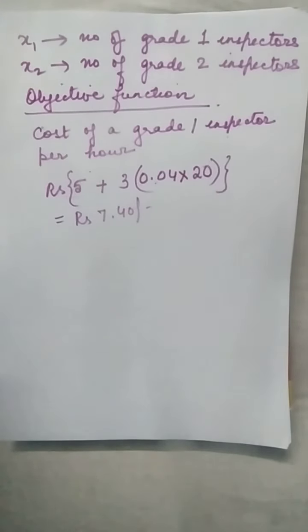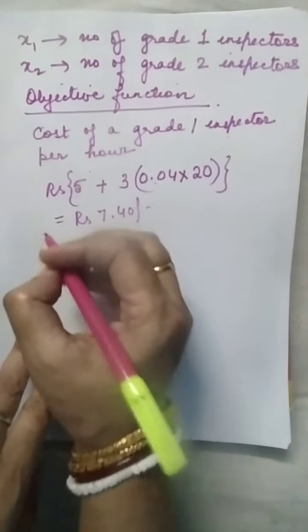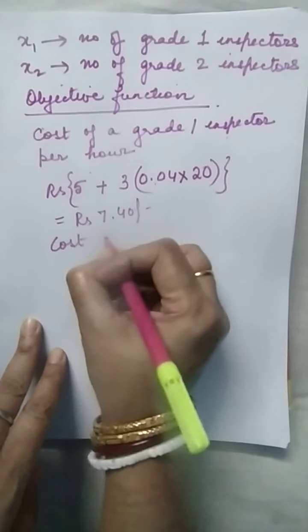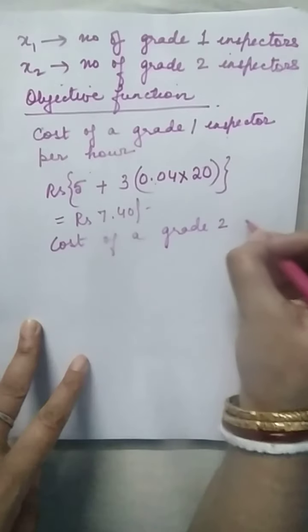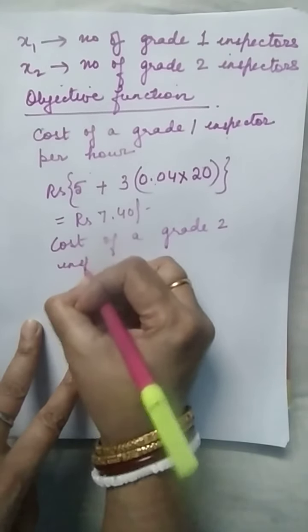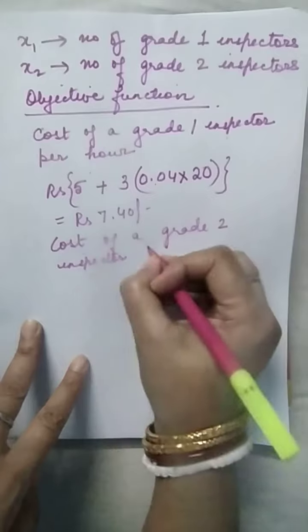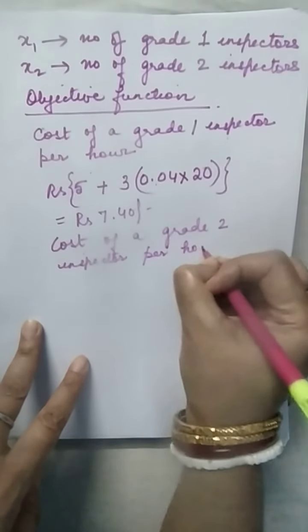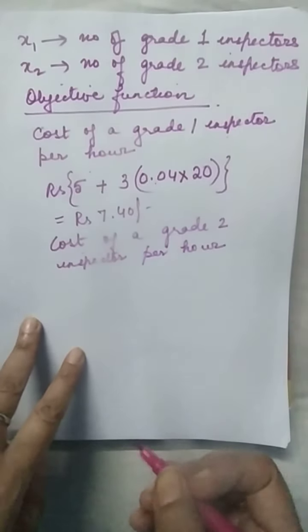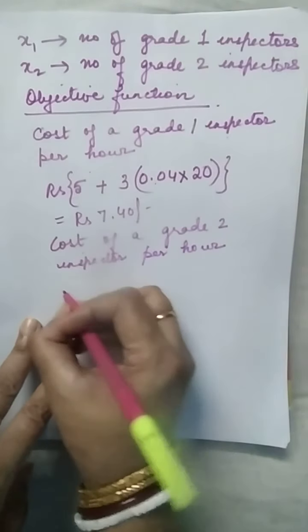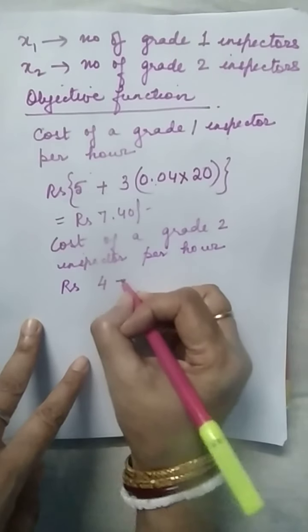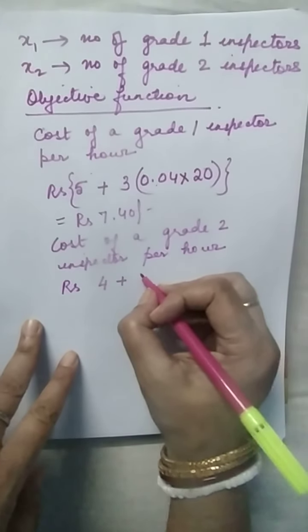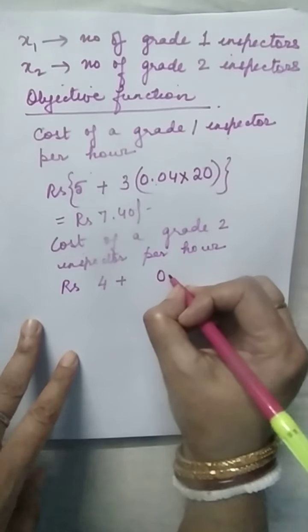Now similarly, if we calculate the cost of a grade 2 inspector per hour, it is coming out to rupees 4, the amount we pay him per hour, plus he makes 8% mistakes.